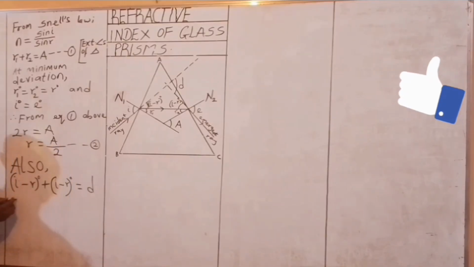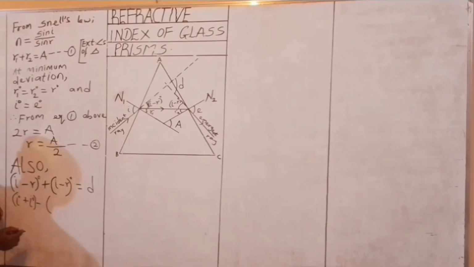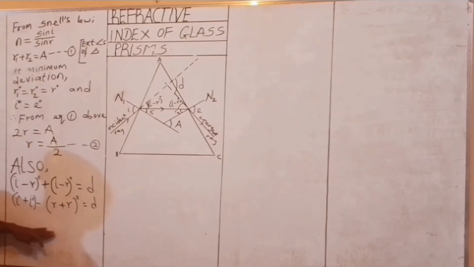Let's collect like terms here. We are going to end up having i plus this i plus another i. That's two i's here. Then minus, open brackets, don't forget we have two, r plus r equals D. We have collected like terms.